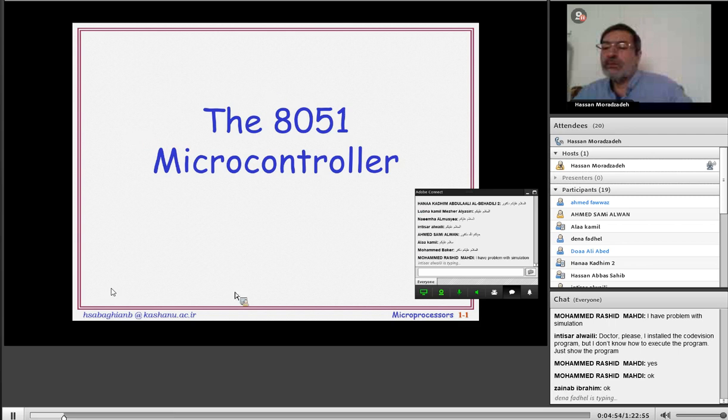This microcontroller is based on the AVRs, on the ATmegas. Here, the 8051 basic components. This IC is the microcontroller.